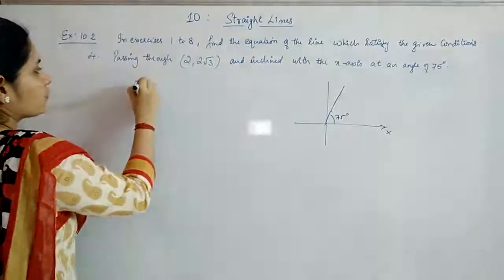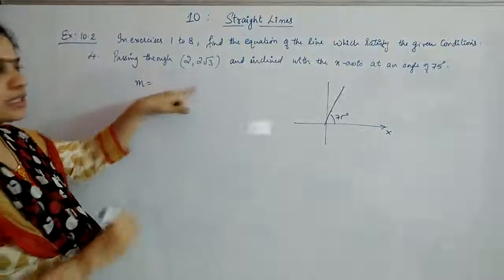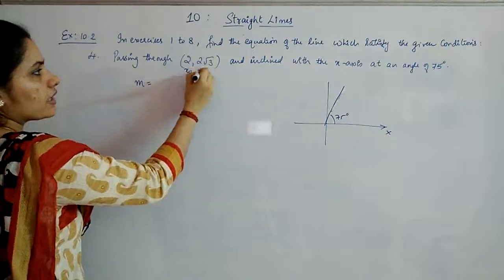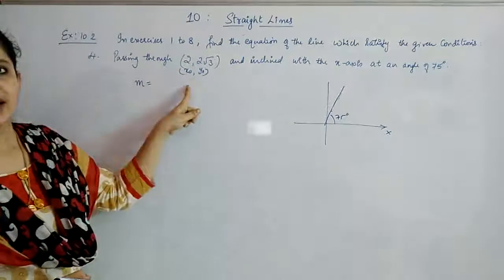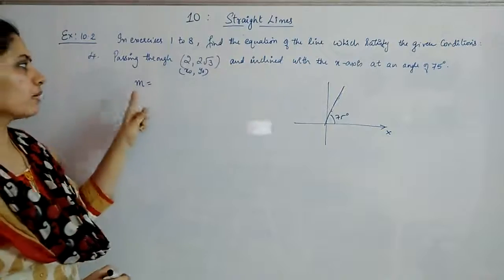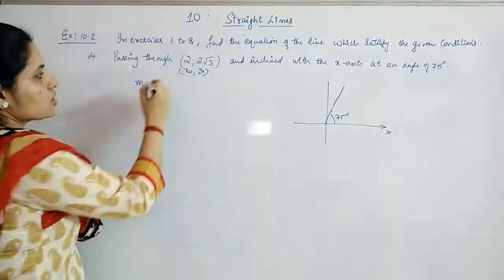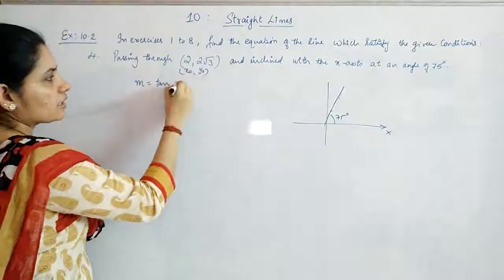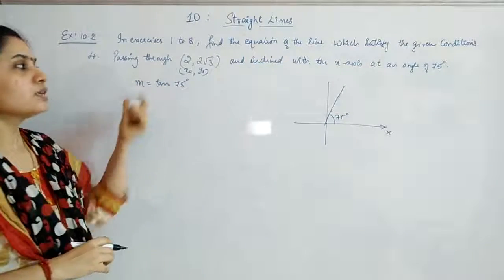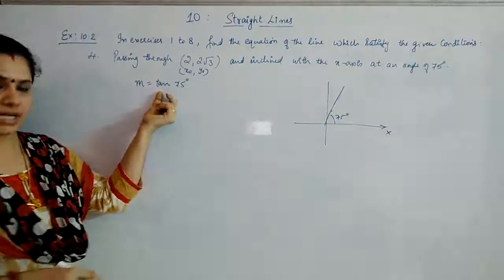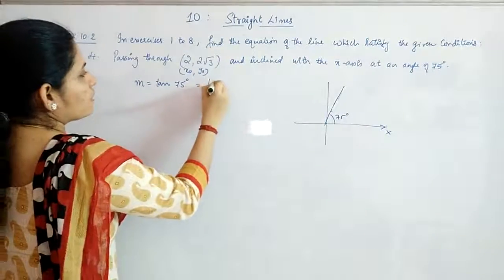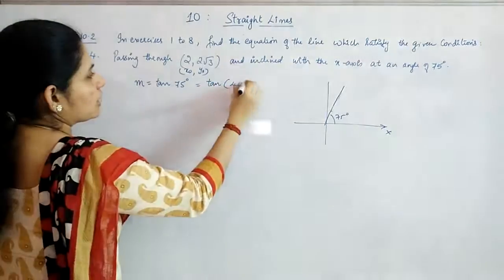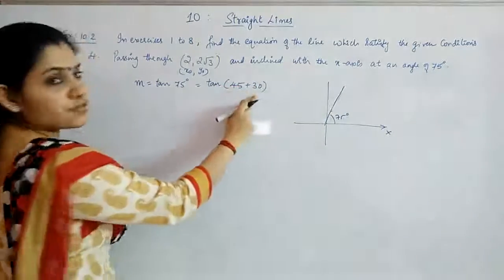So in order to find out first the slope, because one point is given, this point will be acting as your x naught, y naught. So you have one point, and if you are able to find out the slope, you can find out the equation of the line also. So m is equal to tan theta, right? So tan theta means, inclination is given to be 75. Now you need to find out the value of tan 75. For that, we will just split 75 as 45 plus 30, because these are the values which we know.